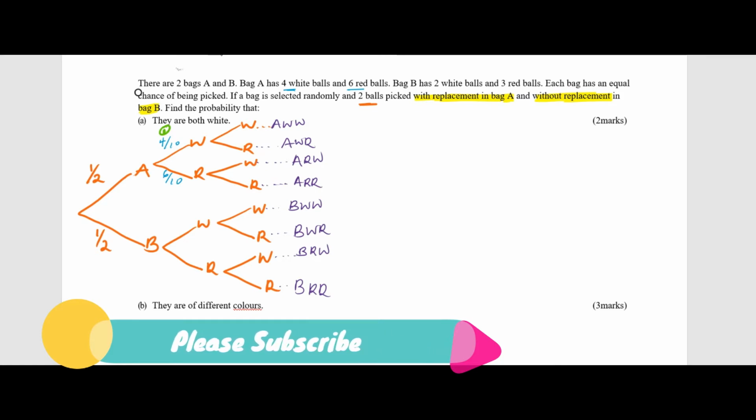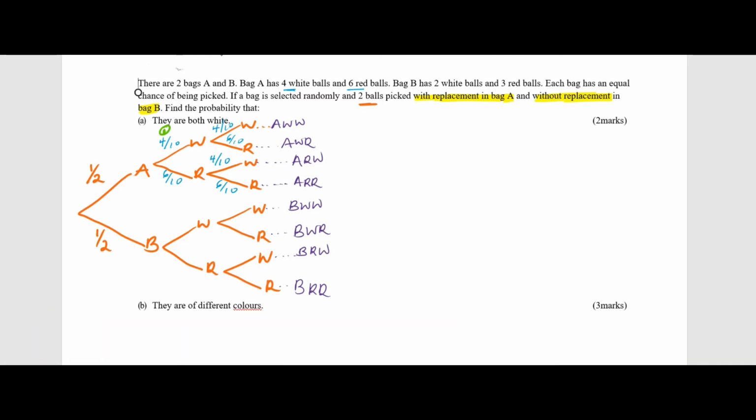The total number will not change. Once you pick a ball, the total will not change, and that ball is replaced. So when you're picking the second ball, the probability remains: picking white is 4/10, then red is 6/10. Again here, white is 4/10, red is 6/10. Nothing will change. The total will not change because the balls are being replaced.